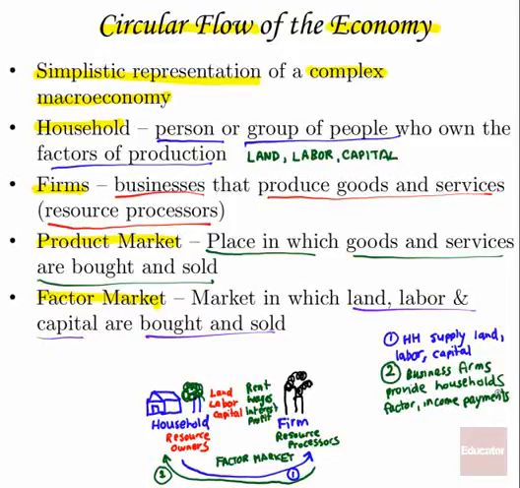So the households are the sellers in the factor markets, and the businesses are the buyers or the purchasers in the factor market. So there's an exchange that's made. And again, you can actually calculate the factor income, and you can actually put a value. This is one way of calculating GDP, which we'll go over as well. Another thing that happens here is not only the factor market, you have the product market.